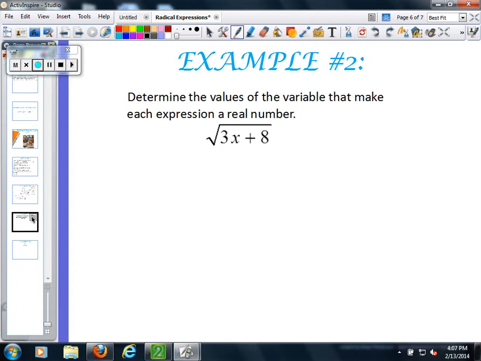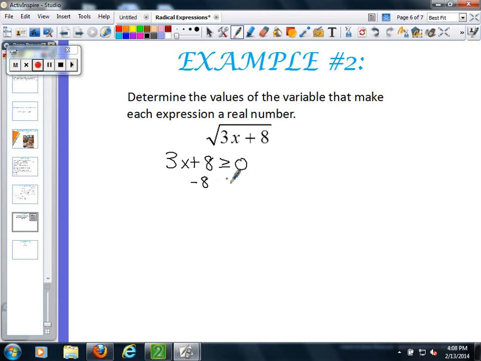Determine the values of the variable that make each expression a real number. Now, the rule with radicals is that you can never have a negative under the radical. I can have any number under the radical except for a negative number. So I need to set this expression greater than or equal to 0.